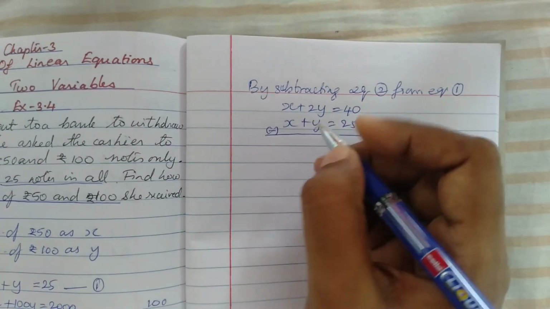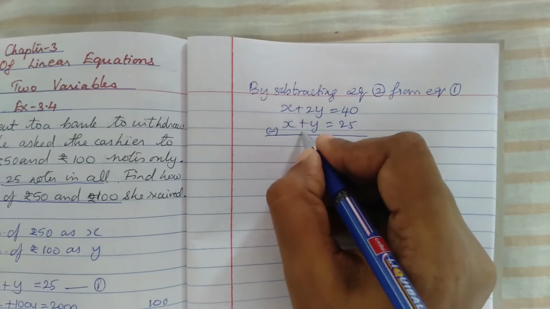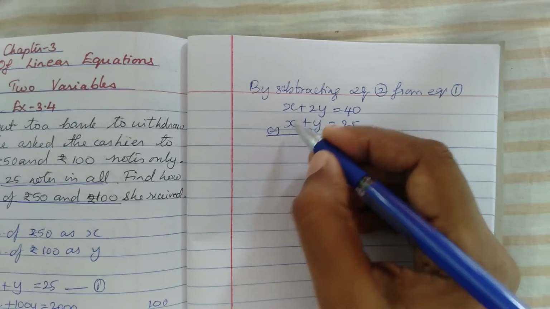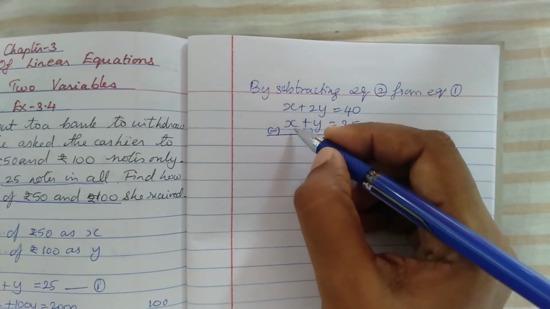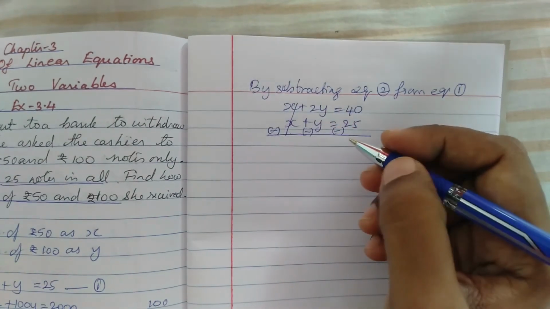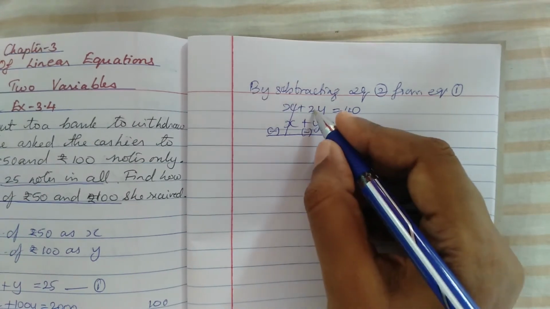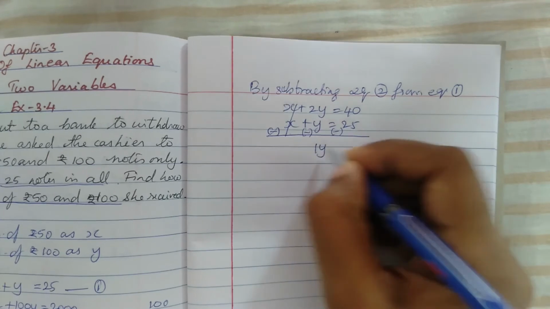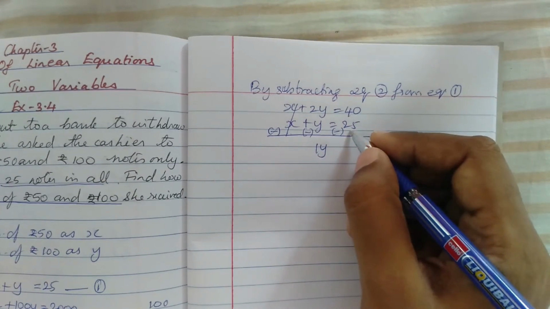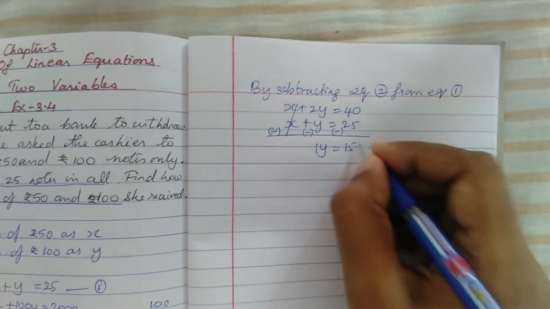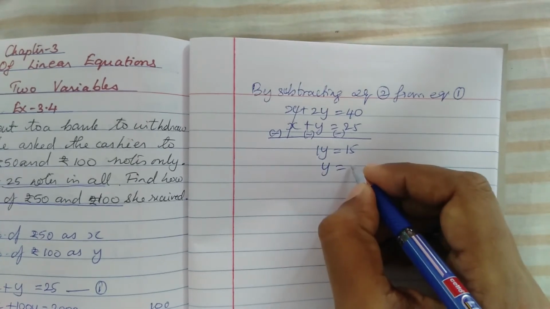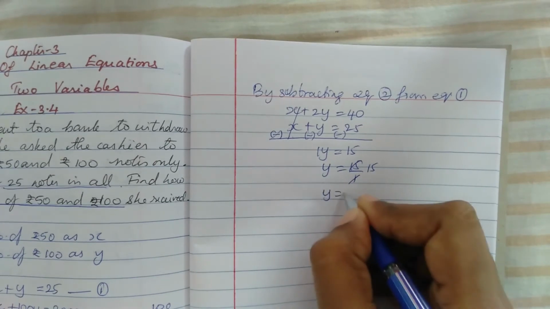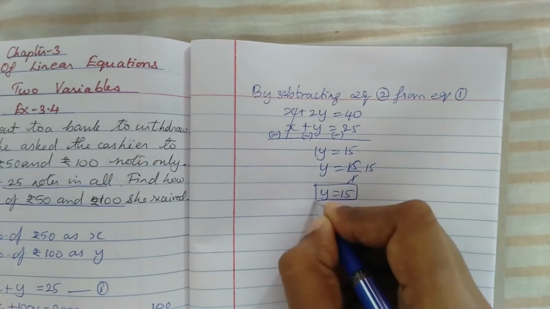So this changes into minus X, minus 2Y, and minus 40. Now plus and minus is minus, so 1X minus 1X is 0. So this is cancelled now. So 2Y minus 1Y is 1Y, and 40 minus 25 is 15. Y is equal to 15 divided by 1, which is 15. So Y is equal to 15. This is your value for Y.